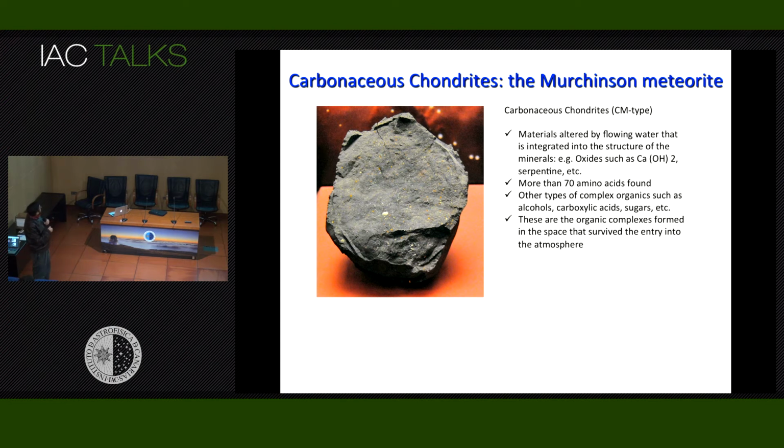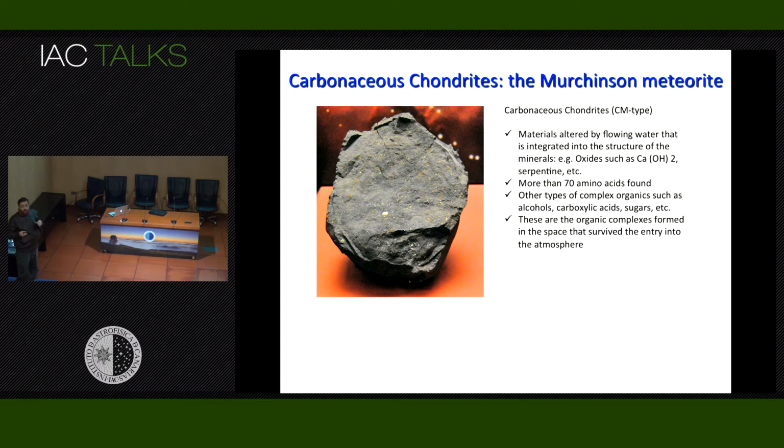This is one of the typical carbonaceous chondrite meteorites, the Murchison meteorite. It's called a CM type. In Murchison, you can see a lot of chondrules here, and the structure is weak.